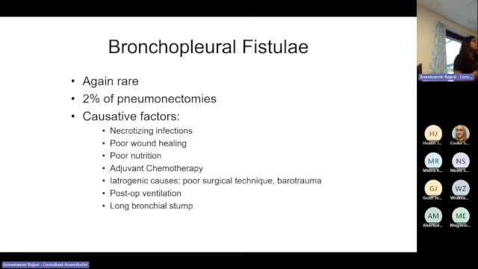Then post-op ventilation: we don't bring thoracic patients to ICU ventilated. Most of them are extubated. We need a really good reason to keep thoracic patients ventilated, and the reason is the constant positive pressure on the stump. It can give way.